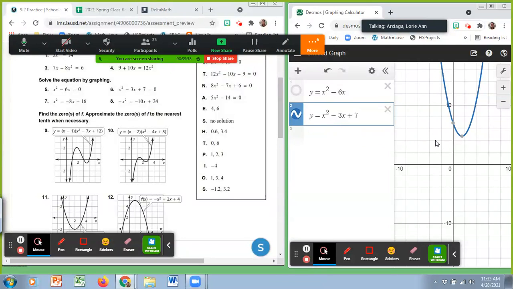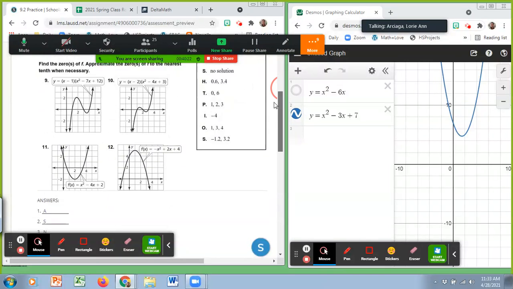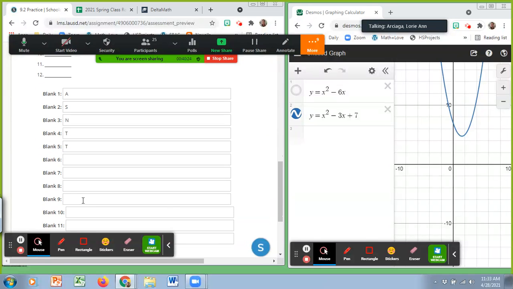Okay, and then find the point where it crosses the x-axis if it does. Does it cross the x-axis? Yes or no? No! Good. So then what are you going to put? No solution. Perfect. So it's letter S for number 6.